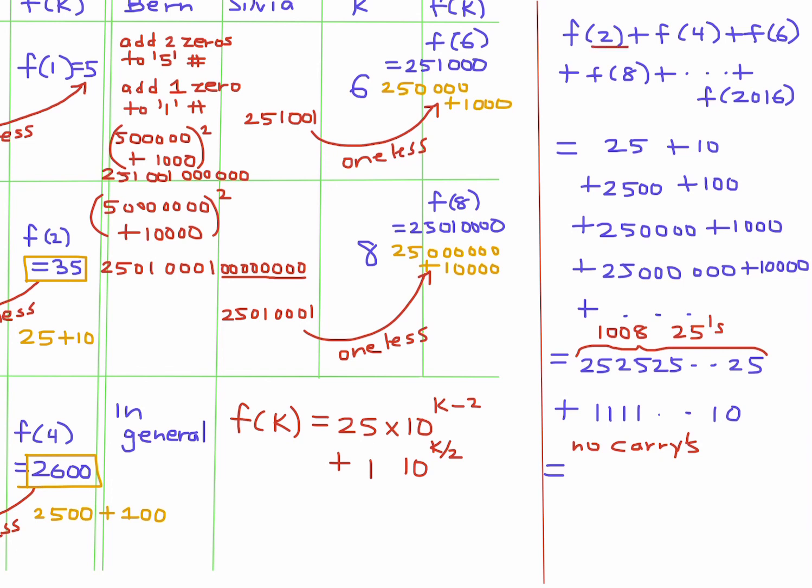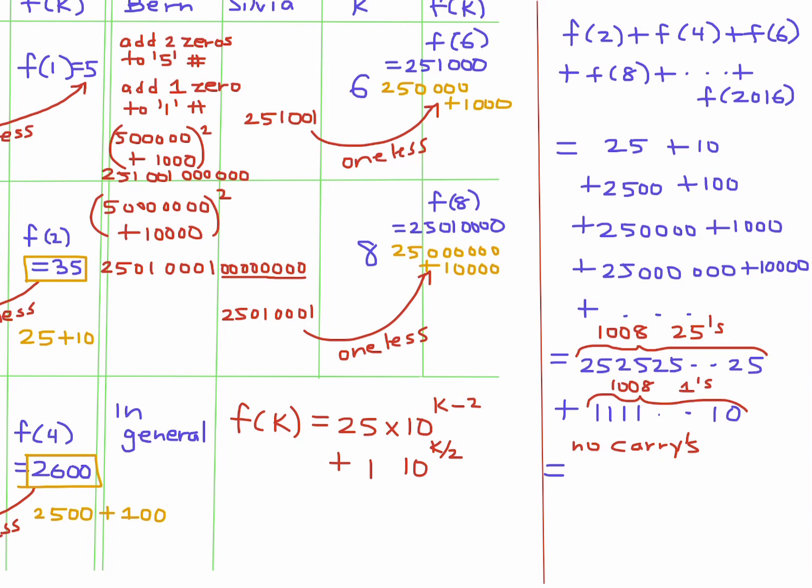Because you are adding F at 2, F at 4, F at 6, F at 8, all the way up to 2016. So it's every even one. So it's not 2016. It would be 2016 divided by 2. So that's why it's 1008 25s. And then this one here, again, it's 1008, but this time 1008 ones.